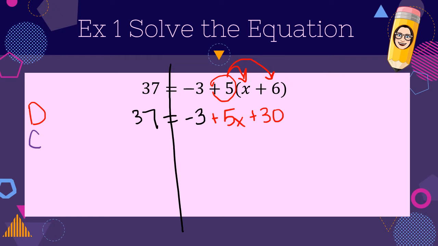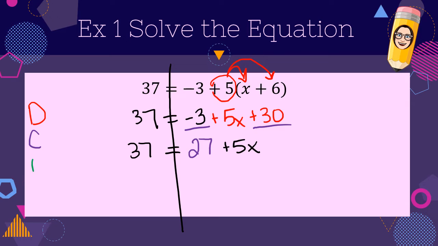Next step is combining like terms. Look at that right side. It looks like I can combine regular old numbers, a negative 3 and a positive 30. Negative 3 plus 30 is 27. Let's drop down what we didn't use. I didn't use the 37 and I didn't use the plus 5x.